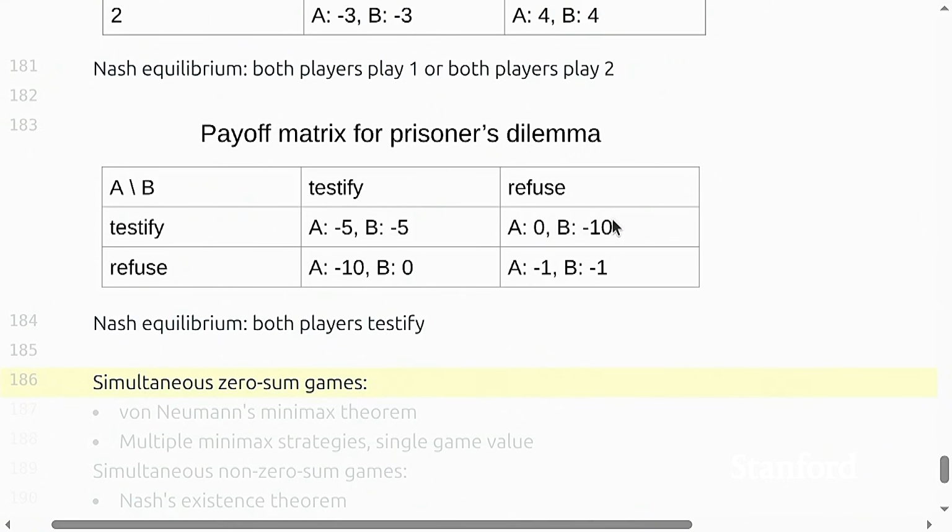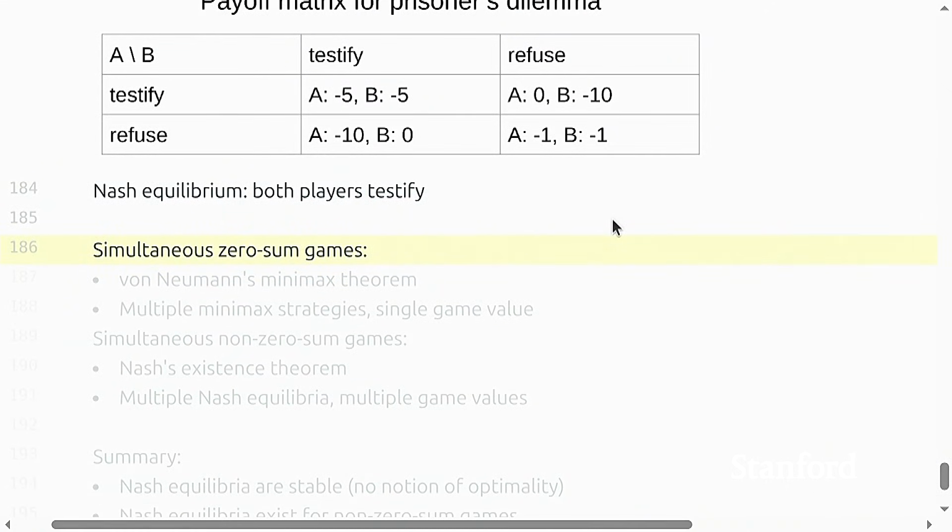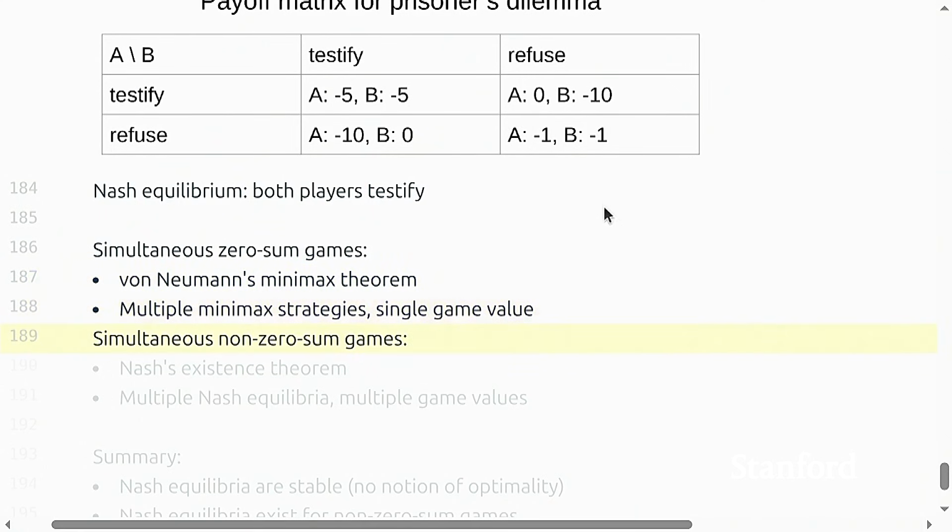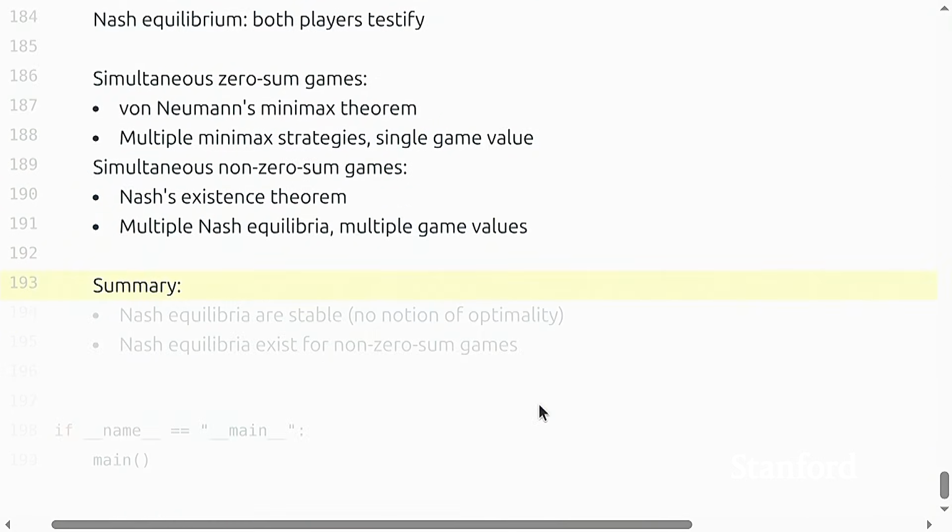Okay, so just to contrast, simultaneous zero-sum games. Here we have a von Neumann minimax theorem. We can produce a single game value. And in non-zero-sum games, we have Nash's existence theorem, and that can lead to multiple Nash equilibria and multiple game values. So the way to think about Nash equilibria is that they're just stable.